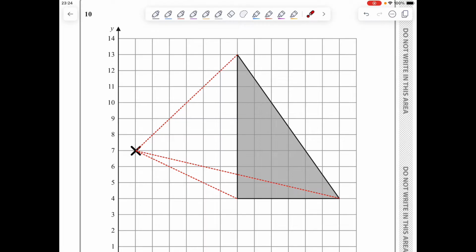So for example, for this line here, go a third of that, which is this point, and mark it. And then repeat with the other two lines. So I've got this point here and this point here. And finally, join those 3 points to have your image.